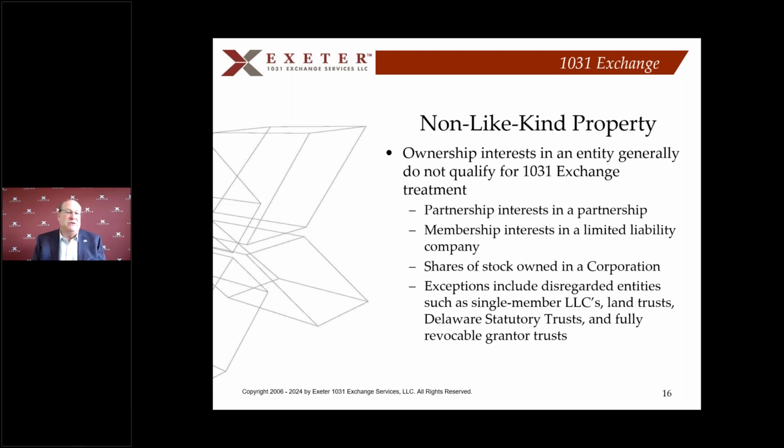So for example, if you're selling in your individual name, you're the taxpayer, obviously. When you go to buy replacement property, you need to buy it as an individual taxpayer. What you see out there in a lot of brochures and a lot of articles on the internet, and even people tell you verbally, is you have to sell and buy the properties in the exact same legal name. And that is not necessarily true. It doesn't have to be the exact same legal name.